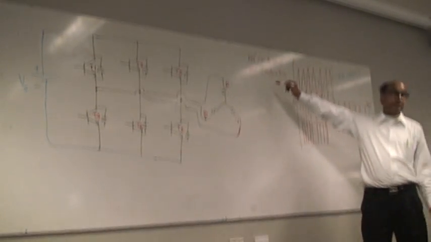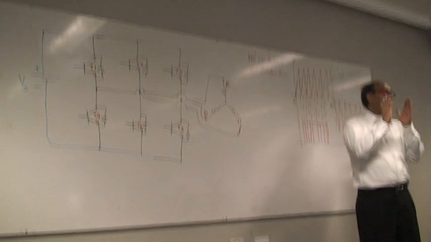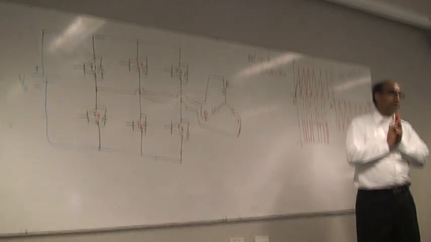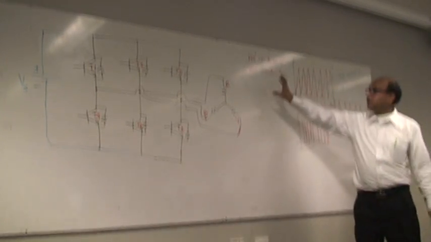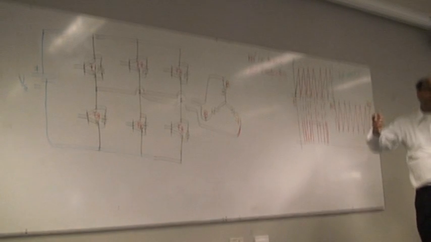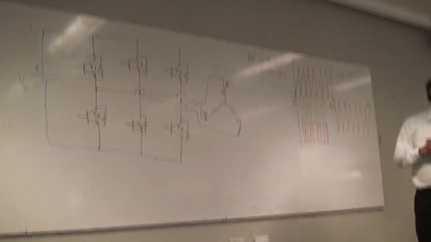In case of 120 degree conduction, that time is limited to 120 degrees. So either we conduct each transistor for 180 degrees, or we allow each transistor to conduct for 120 degrees. You can do it in different ways, but these are the two main methods for firing the transistors.